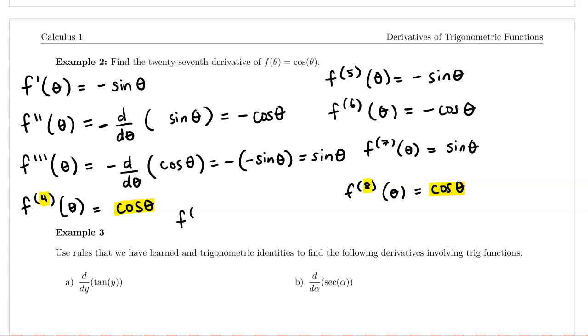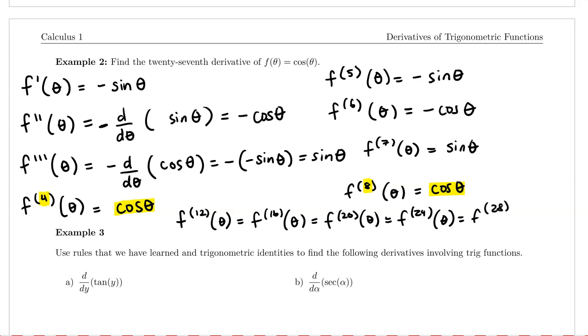So my guess would be that the 12th derivative would be equal to the 16th derivative, which would equal the 20th derivative, which would equal the 24th derivative, which would equal the 28th derivative. And all those are multiples of 4, so we have cosine of theta.